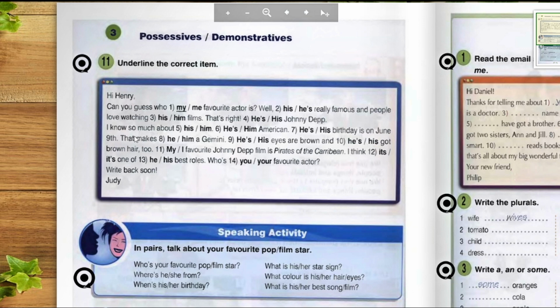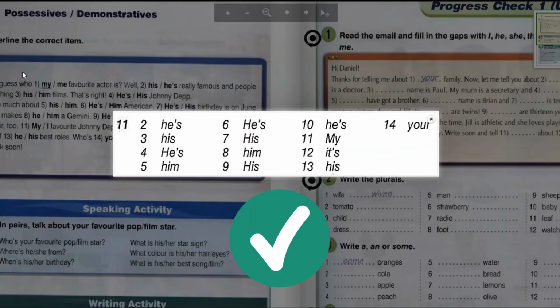That makes him a Gemini. His eyes are brown and he has got brown hair too. My favorite Johnny Depp film is Pirates of the Caribbean. I think it is one of his best roles. Who is your favorite actor? Write back soon, Judy. So you can also take a look at the right answers here.